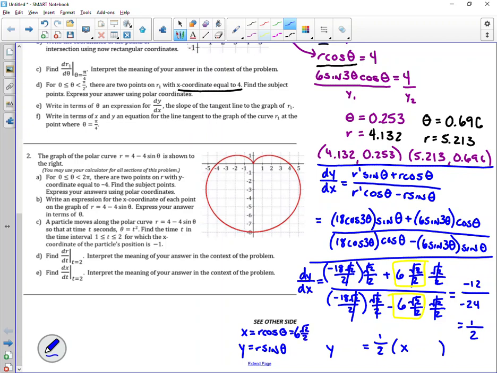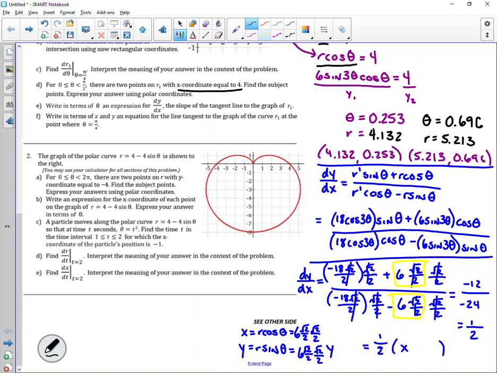And then cosine of theta is, and sine of theta is root 2 over 2. So 3 and 3. 6 times root 2 times root 2 over 2 over 4.